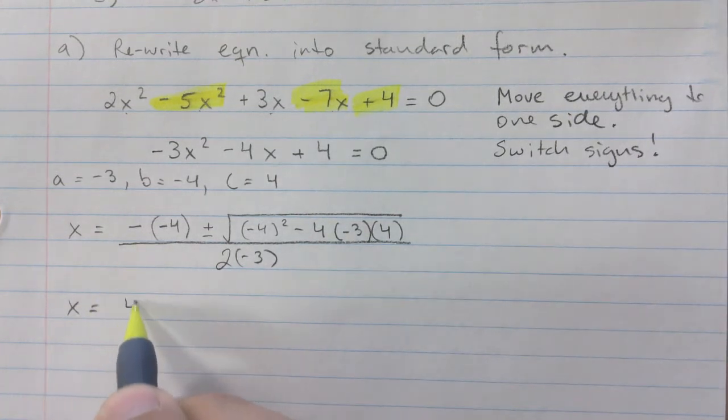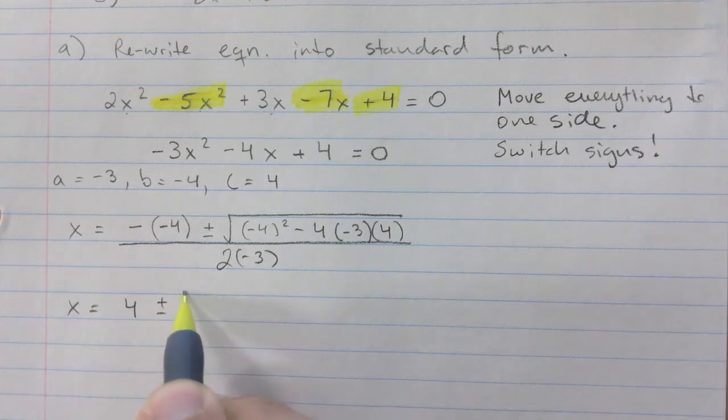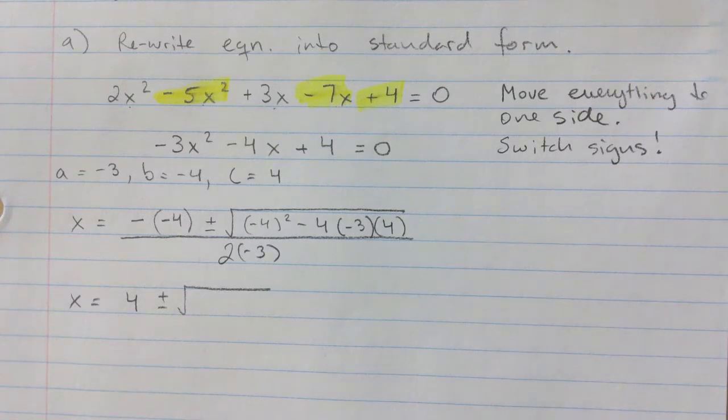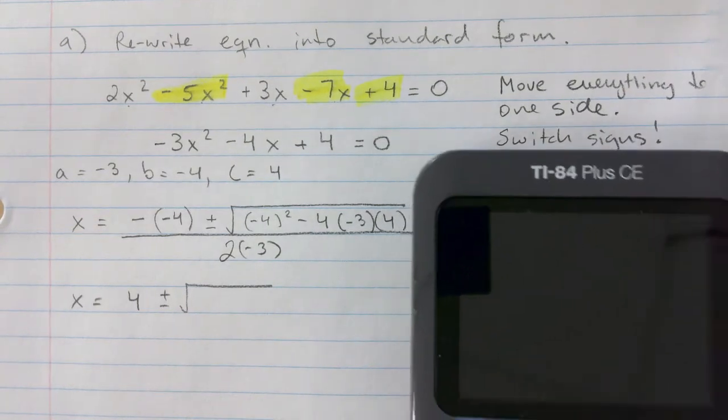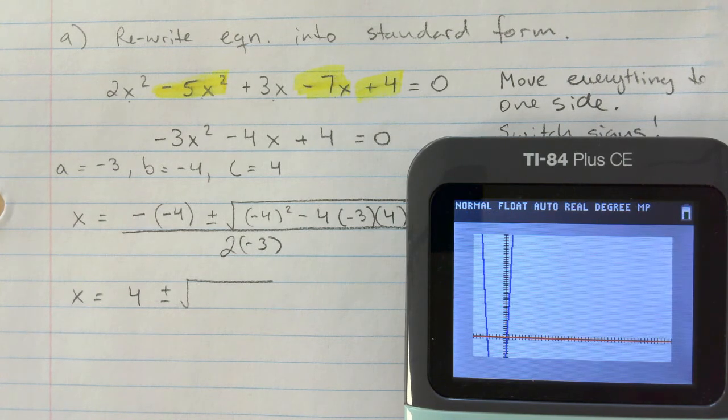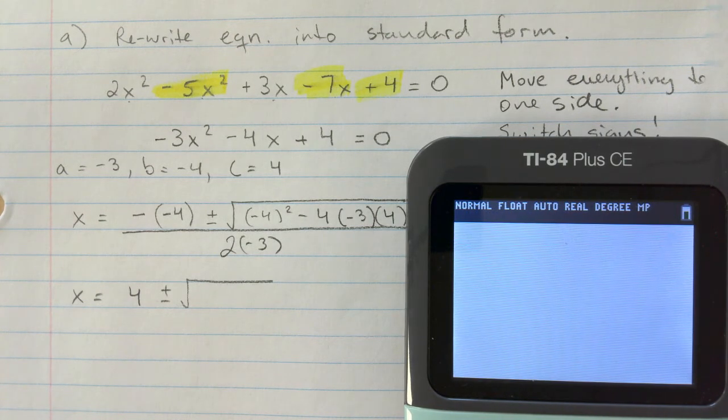Then it's 4 positive plus or minus. And if you're careful when you use your calculator, you can actually just type it in one shot. So we'll make that appear here. Okay, so it'll be negative 4 squared minus 4 times negative 3 times 4.